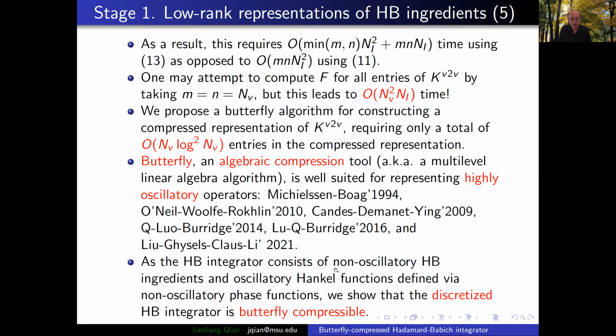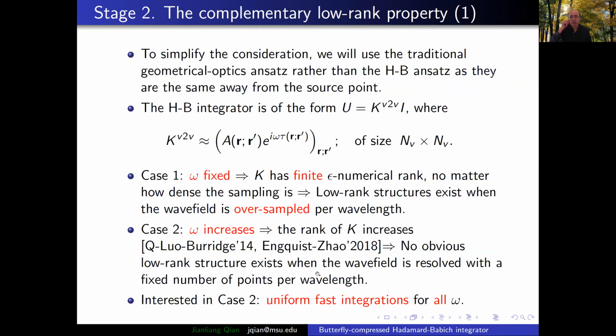The essence is that we need to use the so-called complementary low rank property. Let me explain why it is so essential here. We have a kernel matrix, and we just use a geometric optics ansatz type kernel to illustrate the point, because away from the source those two ansatzes are essentially the same.